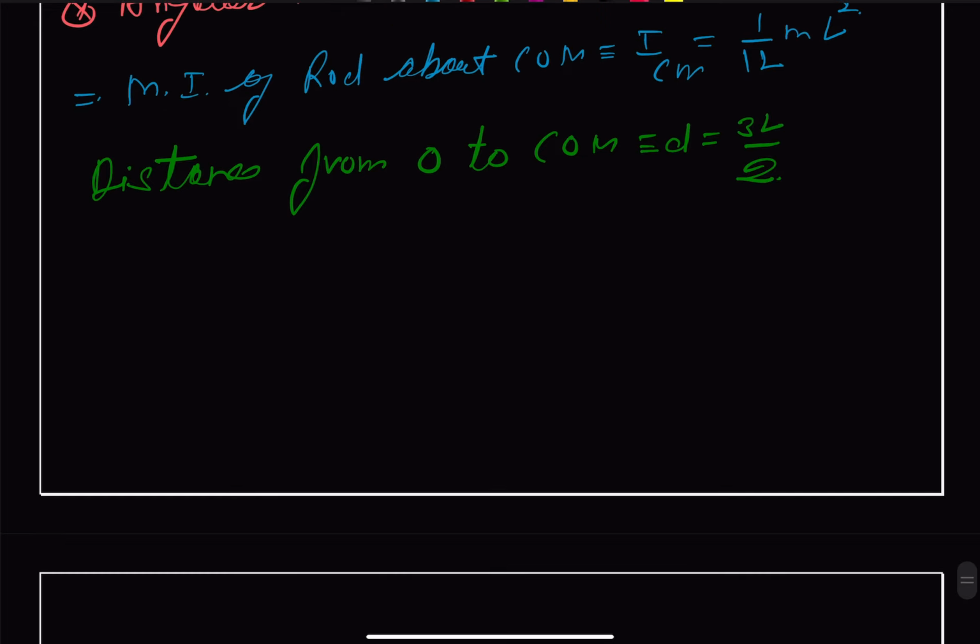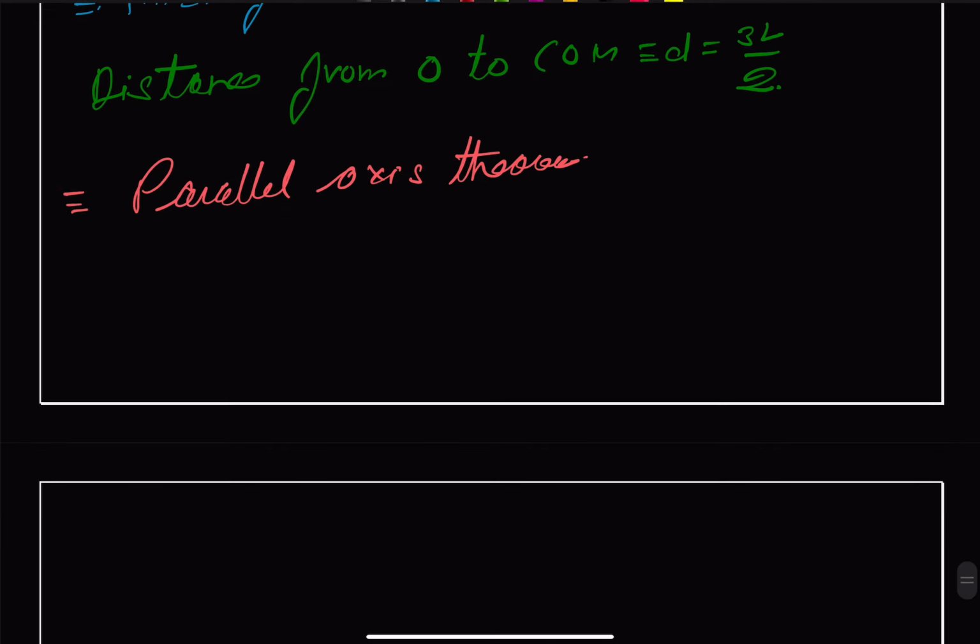So by the parallel axis theorem, moment of inertia about O will be equal to moment of inertia about center of mass plus mass and the distance square. So we get 1 upon 12 ml square plus m 3L upon 2 whole square.